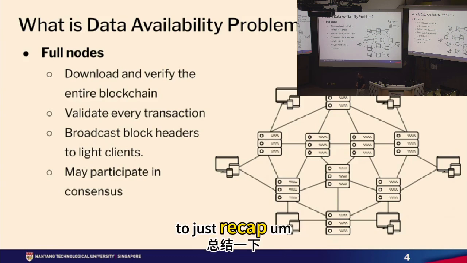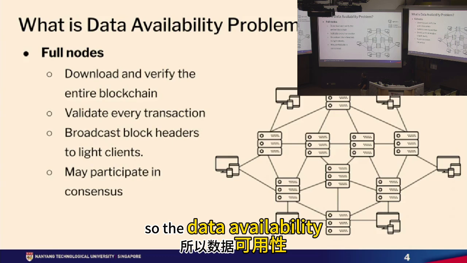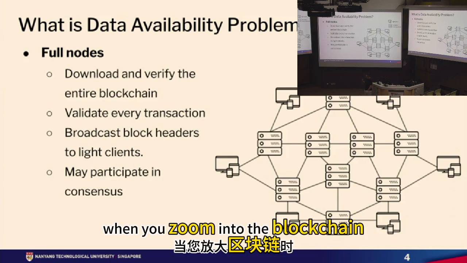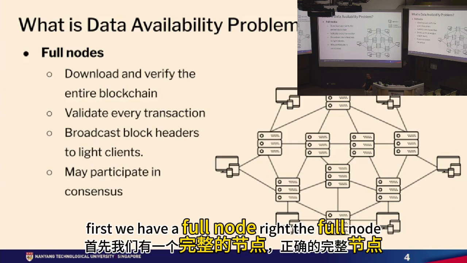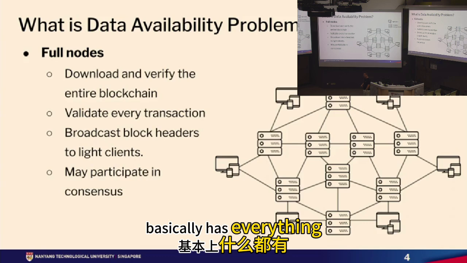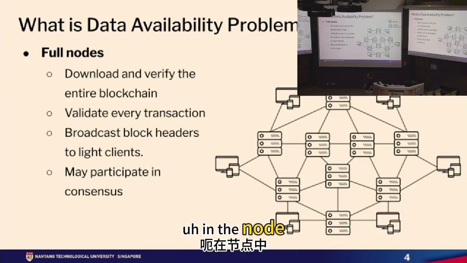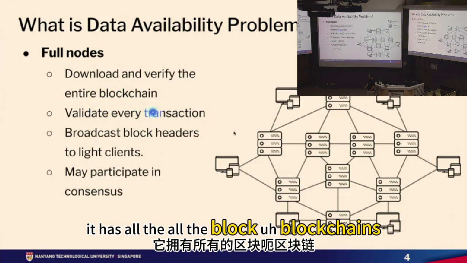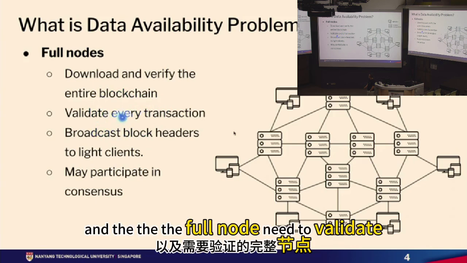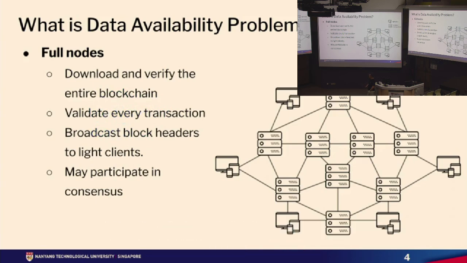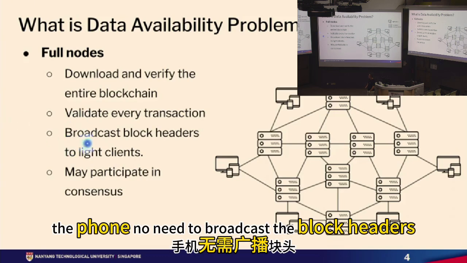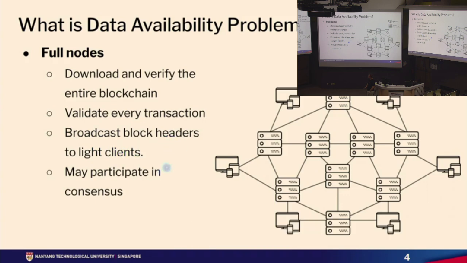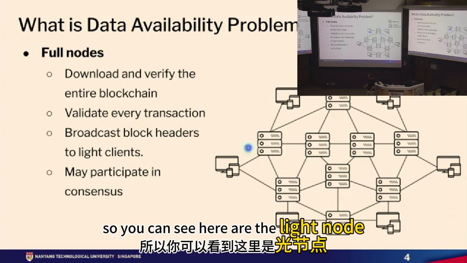To just recap, when you zoom into the blockchain, the data availability is really a few things. First, we have a full node. The full node basically has everything. It has the whole blockchain, and the full node needs to validate all the transactions whenever they happen. The full node also needs to broadcast the block headers to the light nodes. So you can see here are the light nodes.